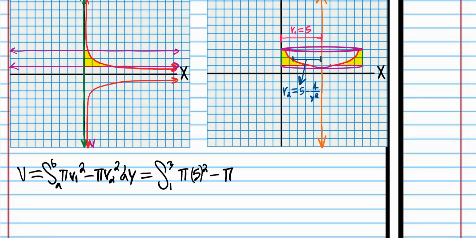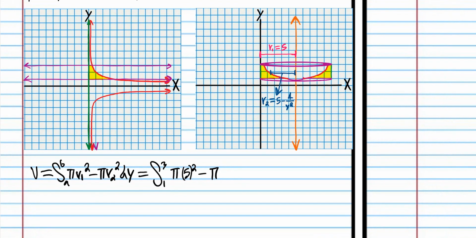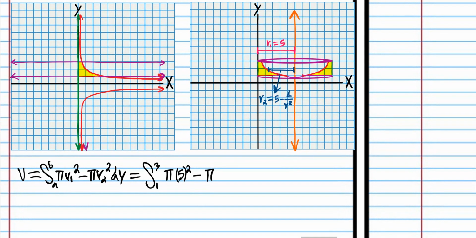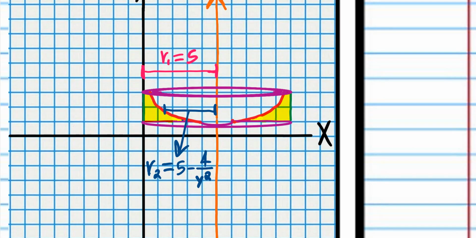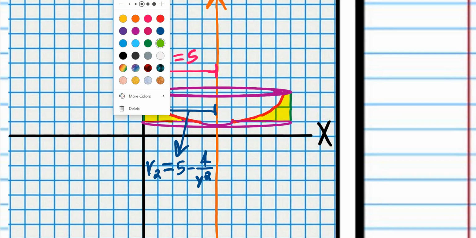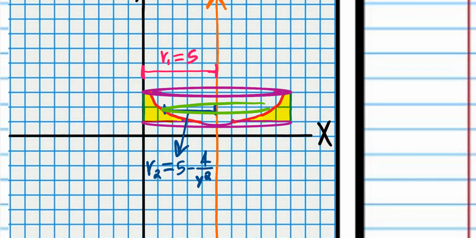And we're going to subtract, so the bigger circles are going to remain constant. They're not really changing as y goes from 1 to 3. But you can see that the area of the smaller circles is going to change as we go up. See, the circles are going to get bigger and bigger.